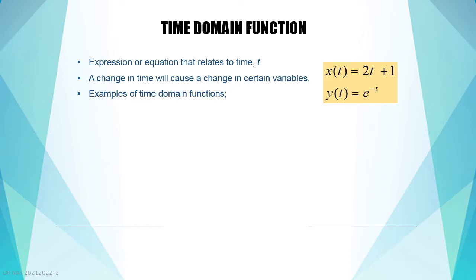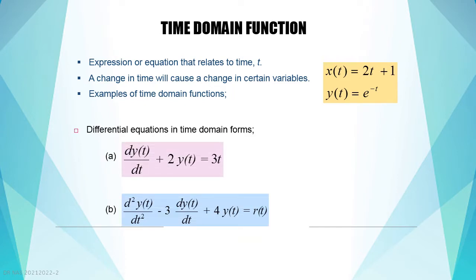Okay, as you may be used to time domain functions or time domain equations, they basically show the relation between the input and output of the system. And also in differential equations in time domain, you have seen the differential equation that yields an output of either 0 or any function.